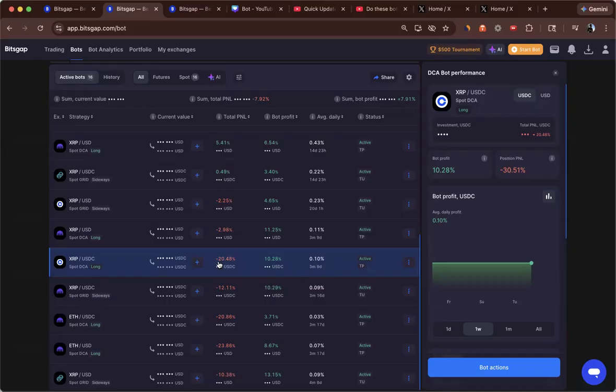But if I were to close it out right now, I would realize a loss of 20.49%, 20.5%. But it has paid me 10% in bot profit. So if I had this $1,000 in this, and I just leave it alone, I've already been paid $100 in this case with $1,000.